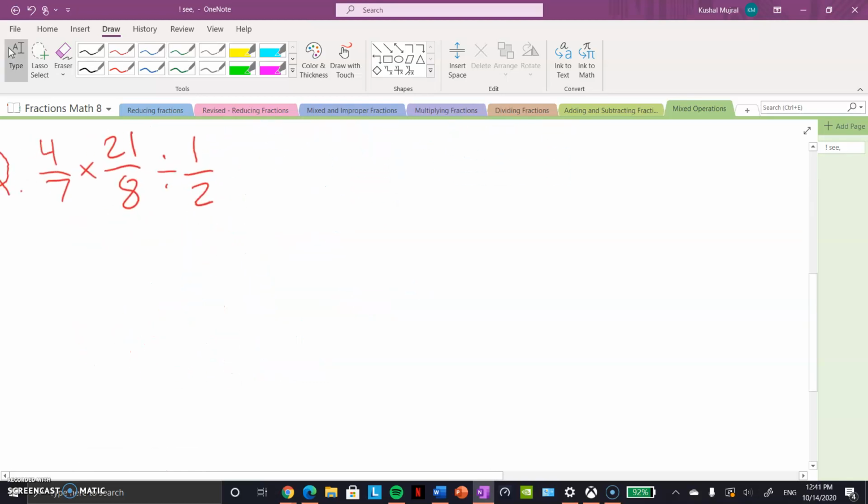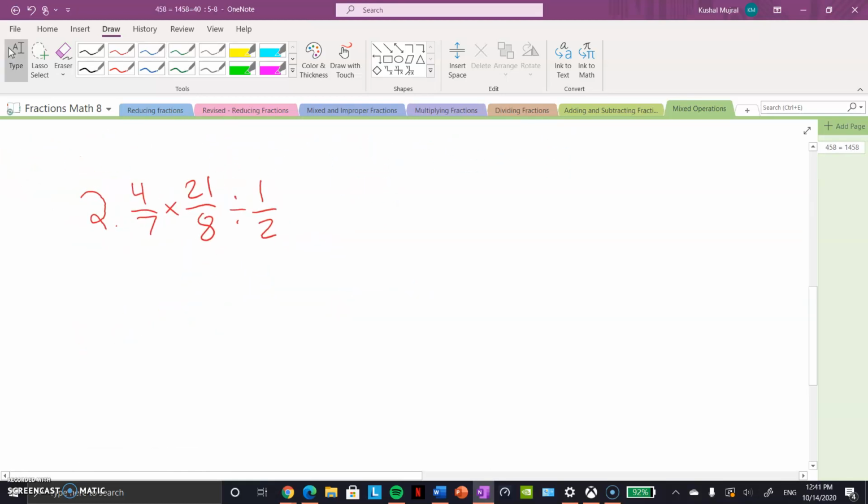Okay, so now let's look at this question. So first we're going to have to go from left, and then we're going to do the right. Okay, so first we're going to multiply 4 over 7 times 21 over 8.